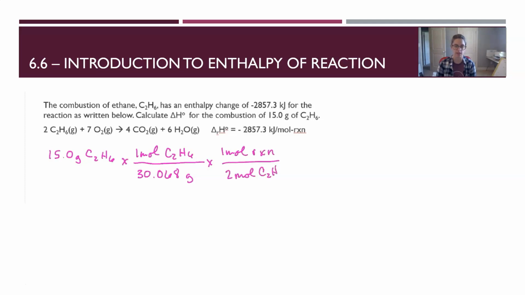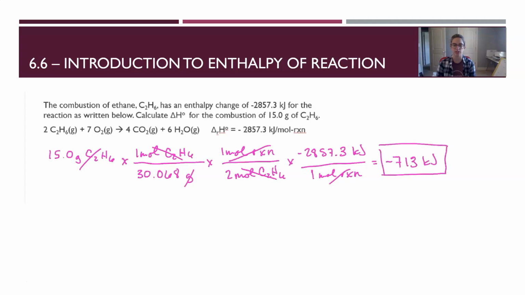So when we look at the overall reaction, we're going to use 2 moles of C2H6. So we have a 1 to 2 ratio. And then we use our standard enthalpy of reaction, so negative 2,857.3 kilojoules. And when all of our units cancel and we calculate this out, we get negative 713 kilojoules of energy.